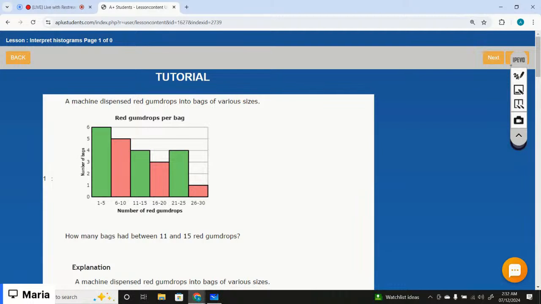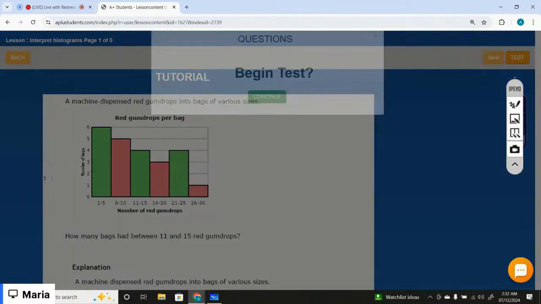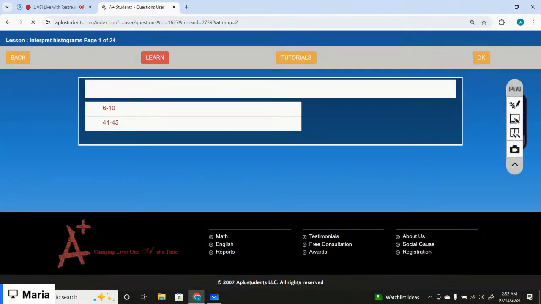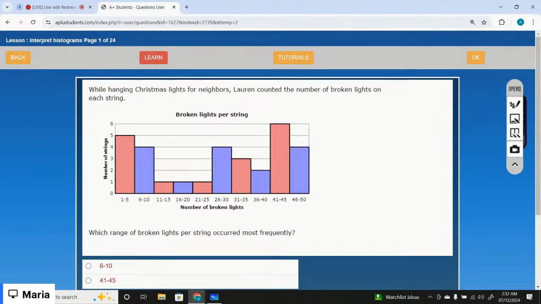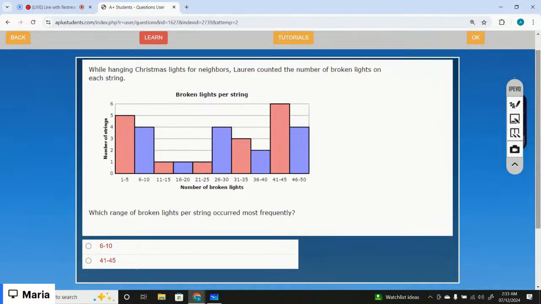Okay, let's just start with the test questions. While hanging Christmas lights for neighbors, Lauren counted the number of broken lights on each string. Which range of the broken lights per string occurred most frequently?